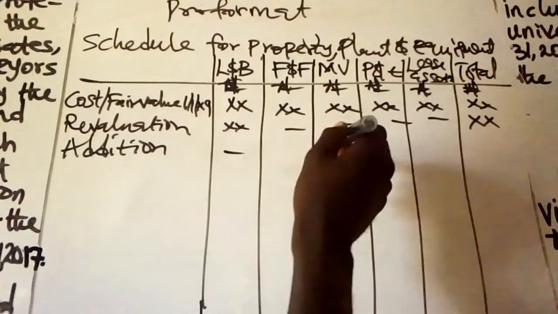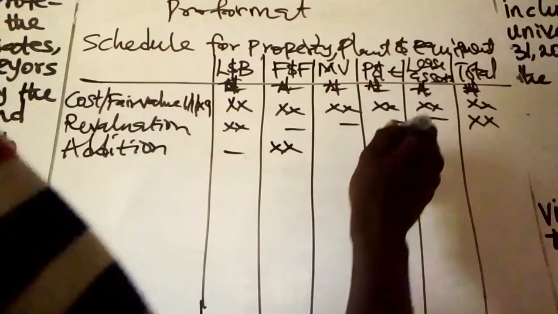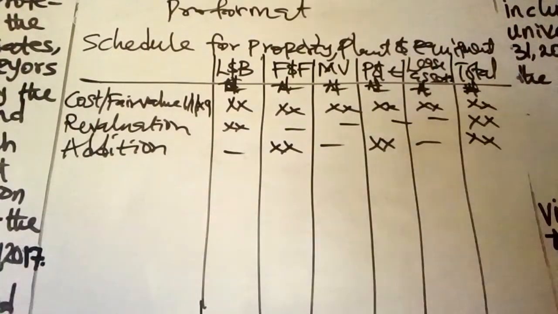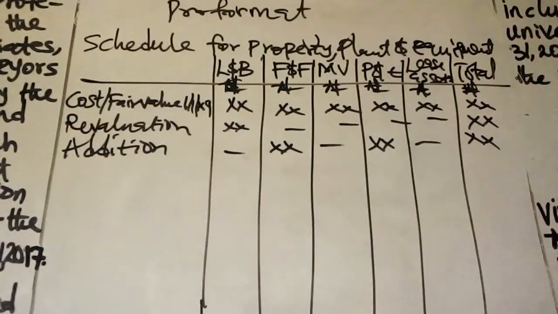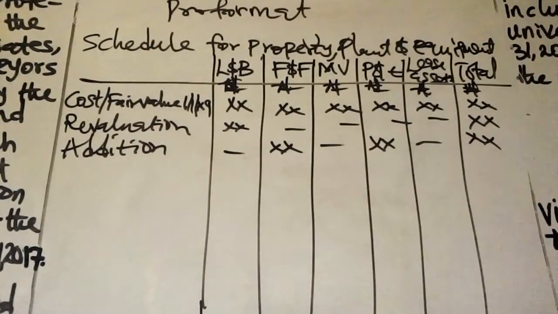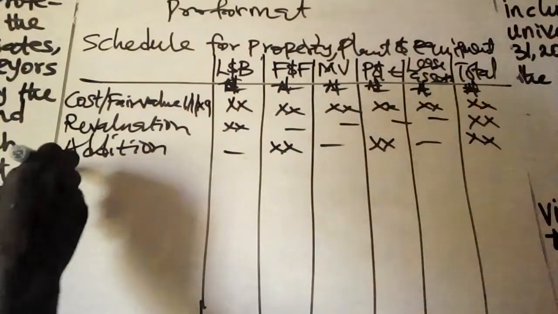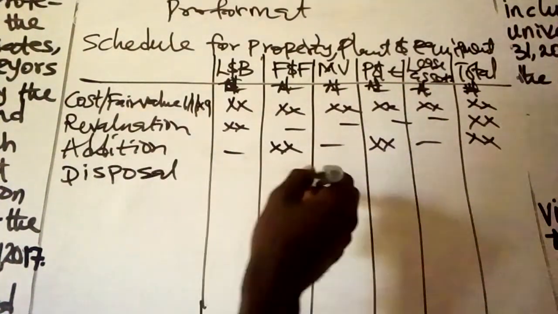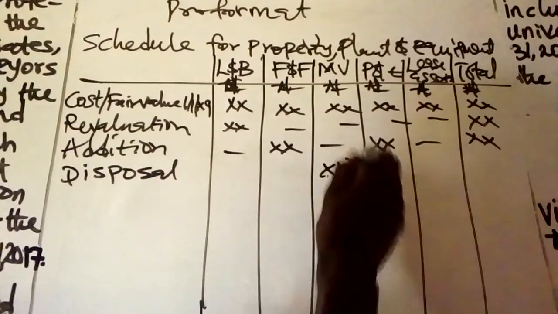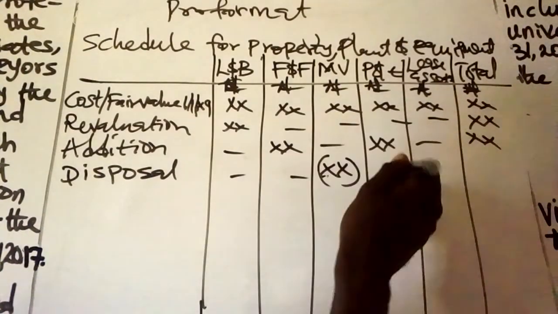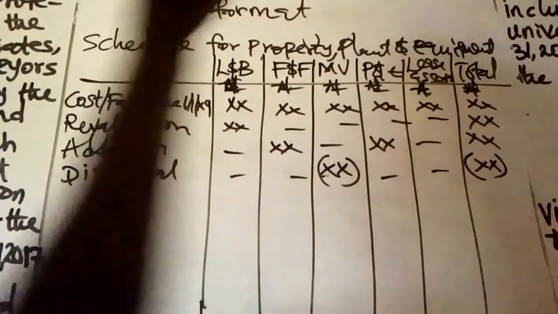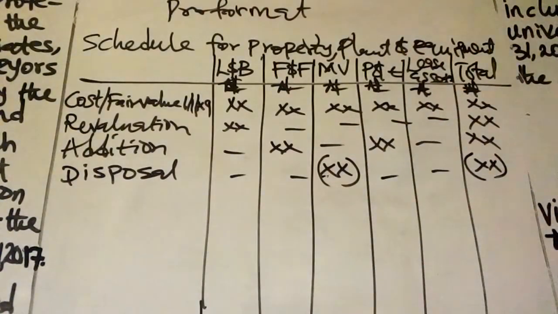If you purchase more furniture and plant and equipment, the total acquisition. Then if you have disposal, if you sell any of the property, plant and equipment, then that will go out of the fleet of assets. Let's assume you sell a motor vehicle. So disposal, it goes out of it. That is why we have minus.